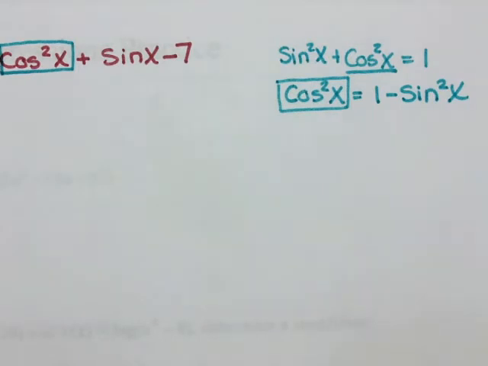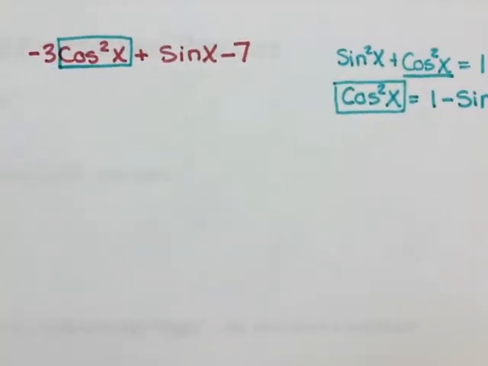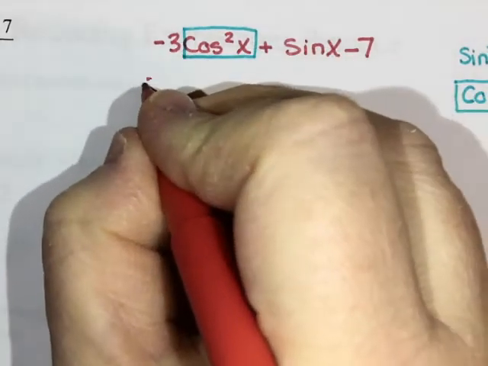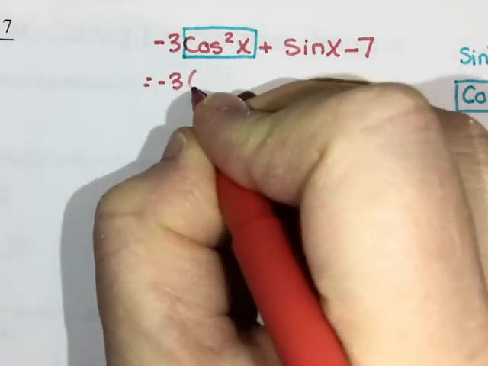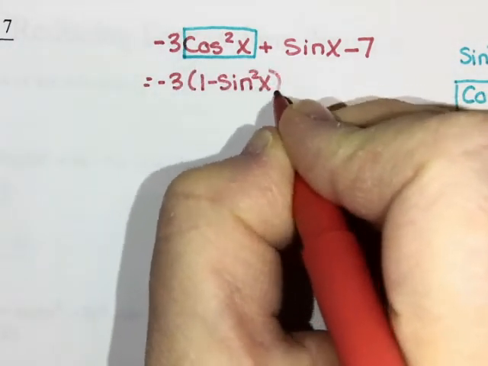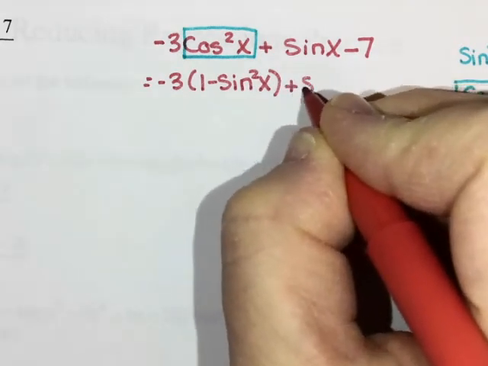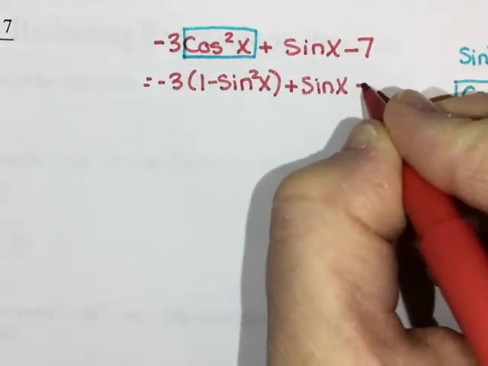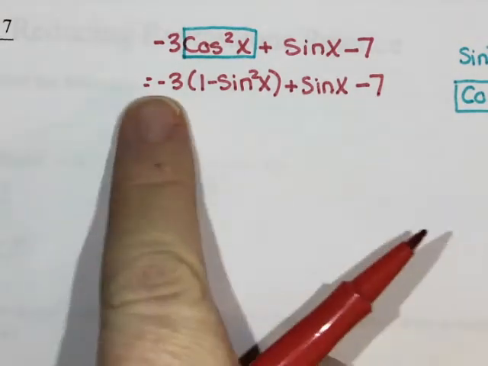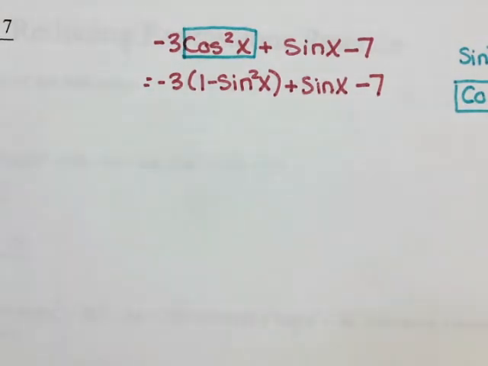So that means this is going to be negative 3 times 1 minus sine squared x plus sine x minus 7. All right, at least now it's all sine. I don't have any cosine, but I do have this bracket. I'm not happy about that.